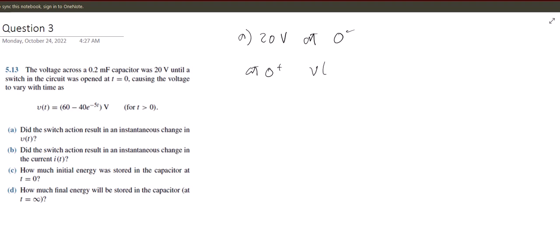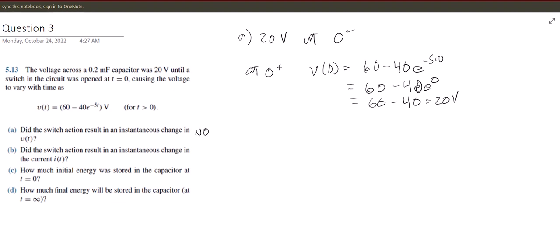So v of 0 equals, plugging into v of t, 60 minus 40 e to the minus 5 times 0, equals 60 minus 40 e to the 0. Anything to the 0 is 1, so this is 60 minus 40, which is 20 volts. So good, no, it did not change.